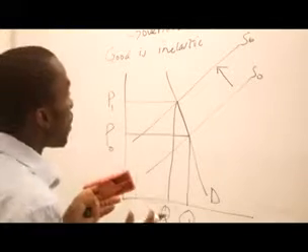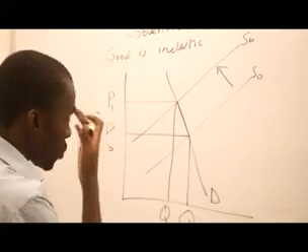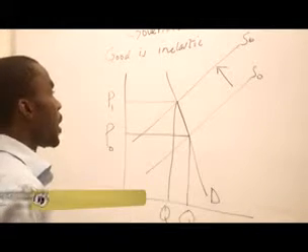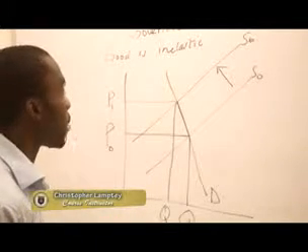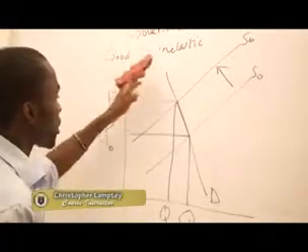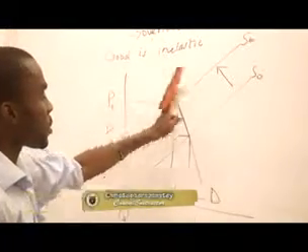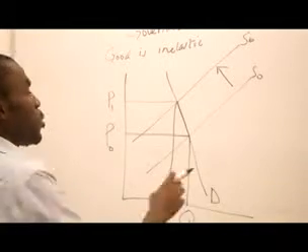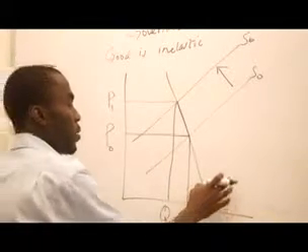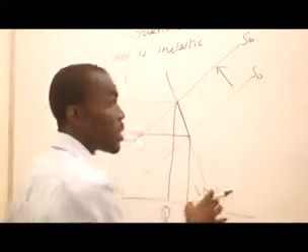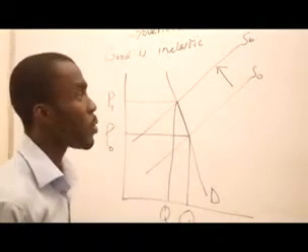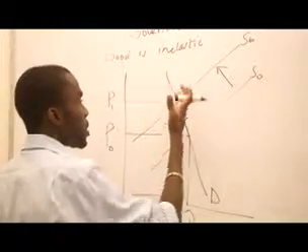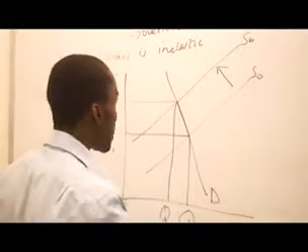How will this affect the consumer and how will this affect the producer? And is it advisable for the government to tax more in a situation where the demand curve is inelastic? We know by definition that when the demand curve is inelastic, consumers will not be so responsive to price increases or price decreases.